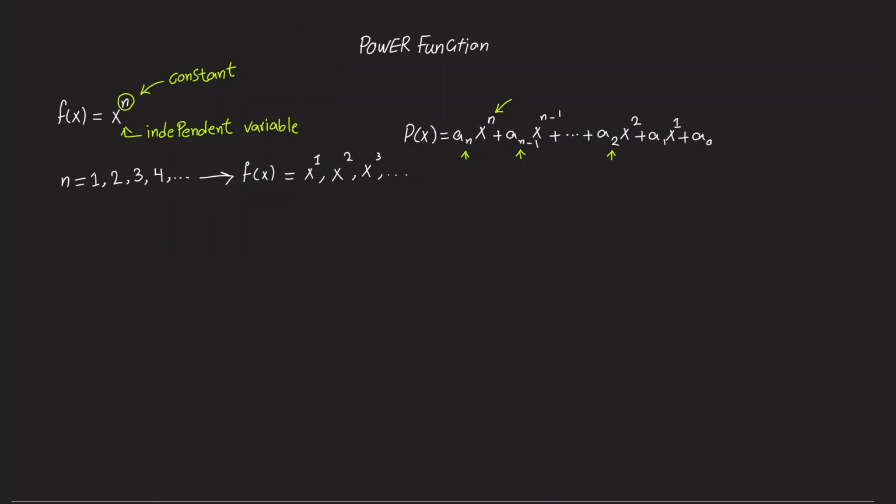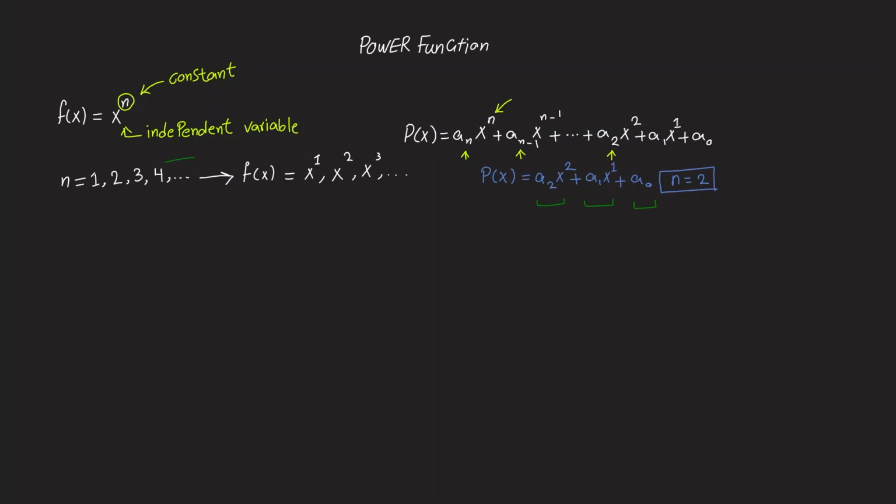For the case where n is equal to 2, we get this polynomial. P of x equals a2 times x to the power of 2 plus a1 times x to the power of 1 plus a0. And now we can see the similarity between a polynomial function and a power function. These terms are just power functions added with one another.